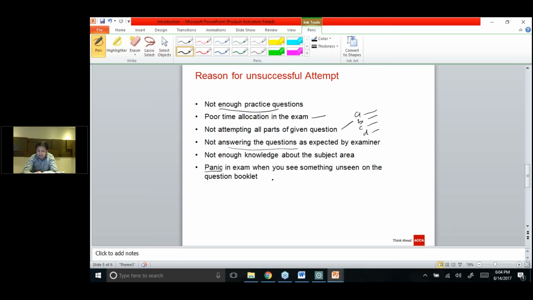Panic in the exam is a very important reason for failure. If you panic to see something unseen, in that panic situation, you do not complete the whole paper. It will be very difficult for you to pass. Whenever there is something unseen in the exam, do not panic.